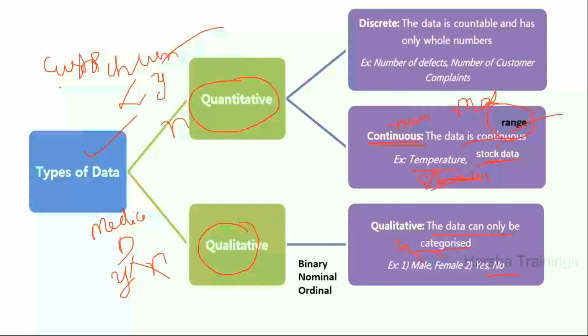Every year, the bank people have to retain customers. If they lose customers, they lose revenue also. Will you agree? Another example: some customers will go to your bank and apply for a loan. Whether the loan is approved, yes or no. This is also another kind of qualitative or categorical data.